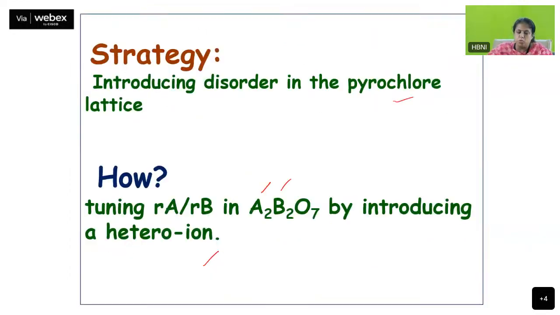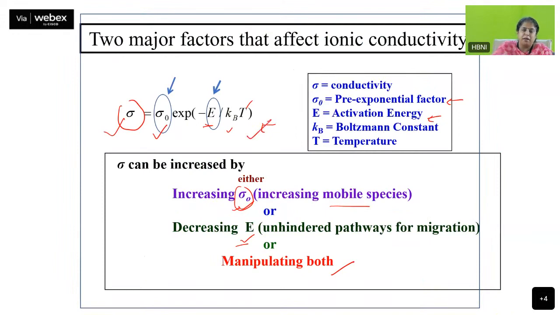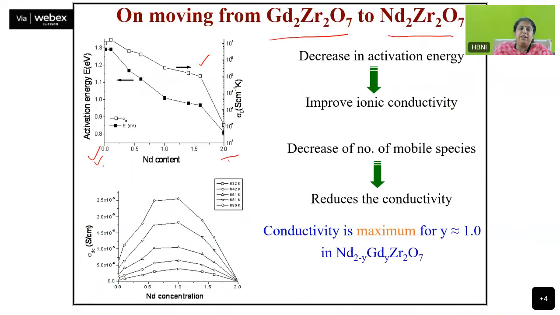If I combine these two by the Arrhenius formula, and we determined the conductivity, what we observed was that as an effect of these two, at the concentration where both Nd and Gd are equivalent, that is 1 is to 1, that is the composition NdGdZr2O7, we got a conductivity maximum by the compromise of decrease in activation energy and decrease in pre-exponential factor.